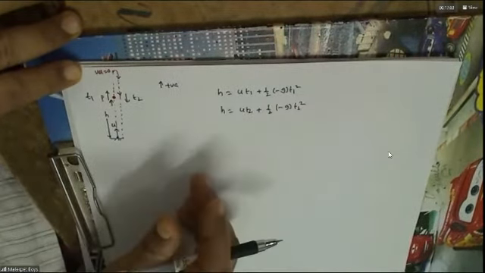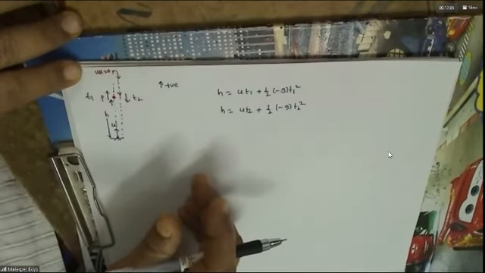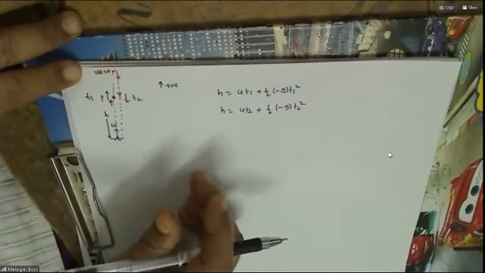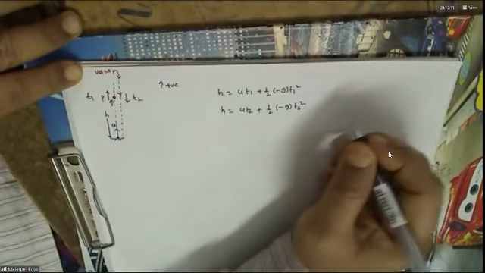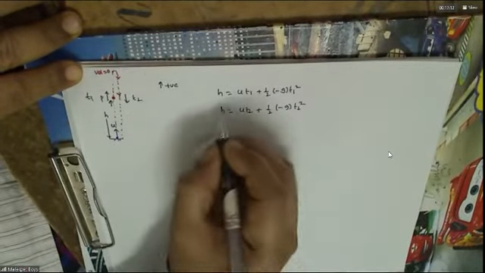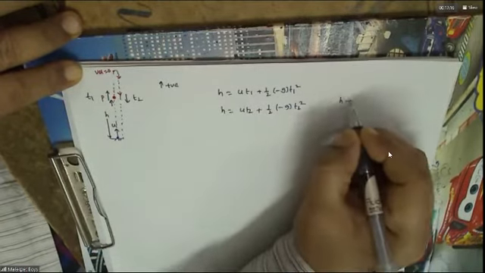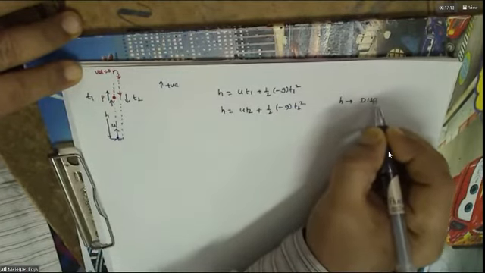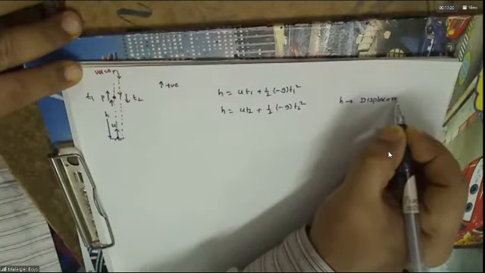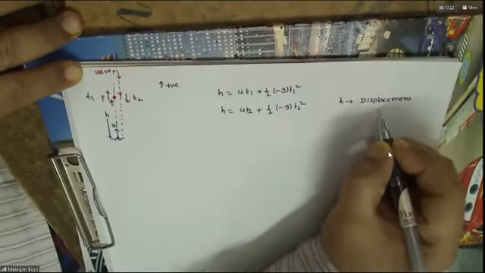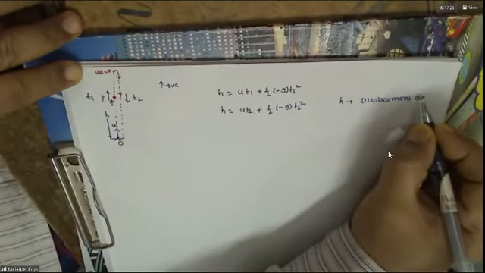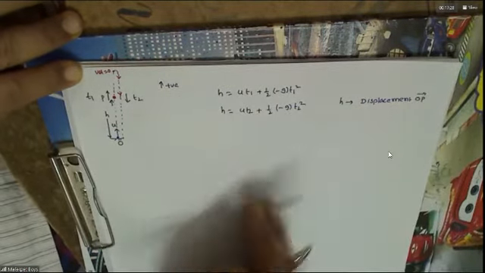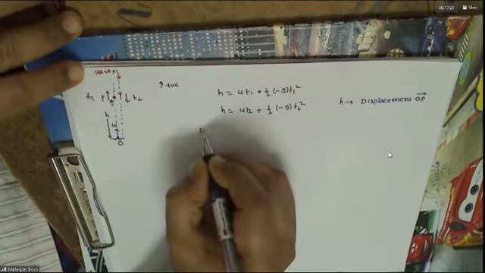Follow this or not? Clear? Yes, sir. Any doubt is there? Because T1 and T2 displacement is same only, no? Yes. This is nothing but H is displacement from the point, so this is OP, no? Agreed?